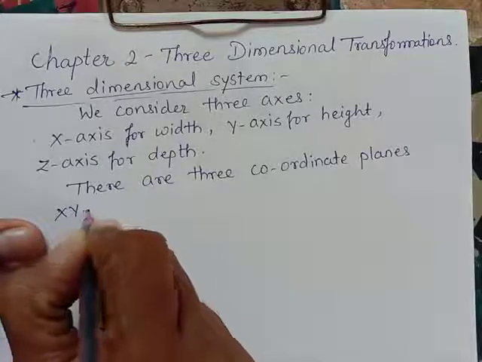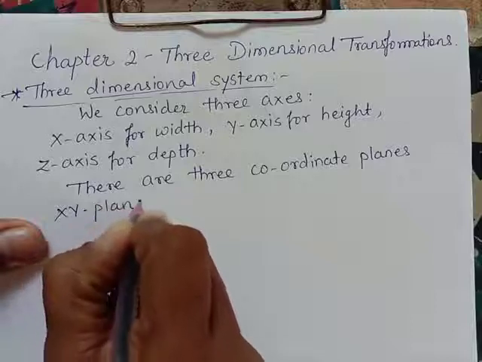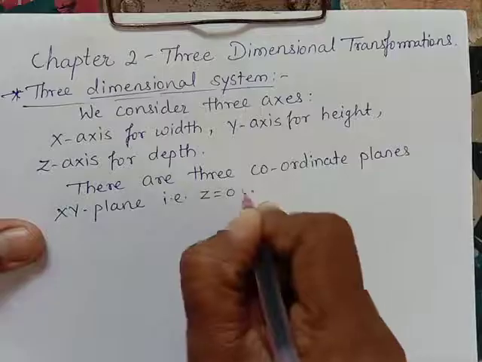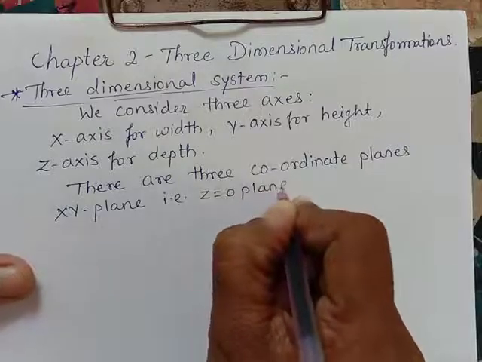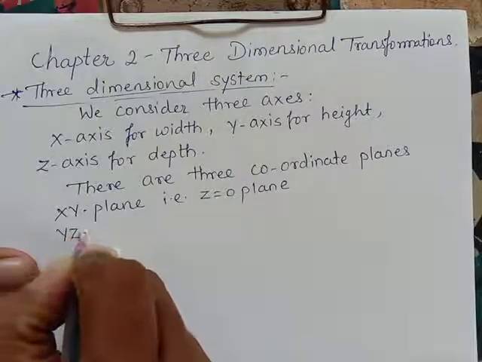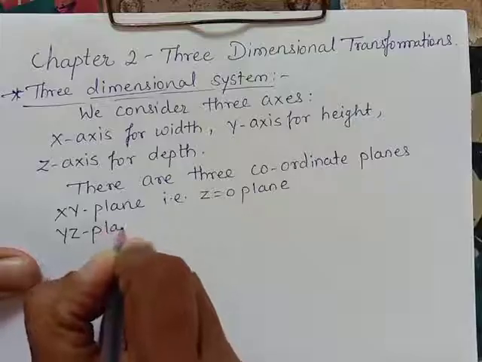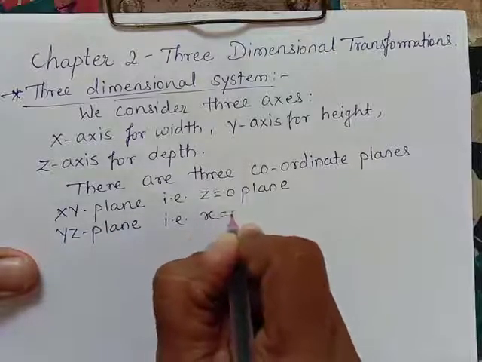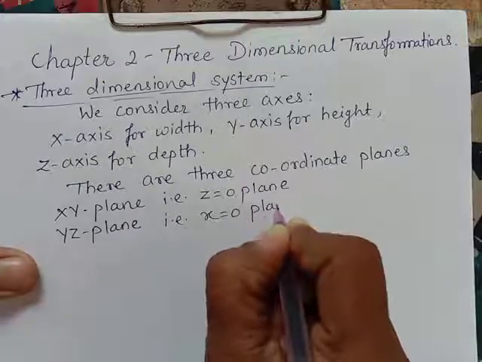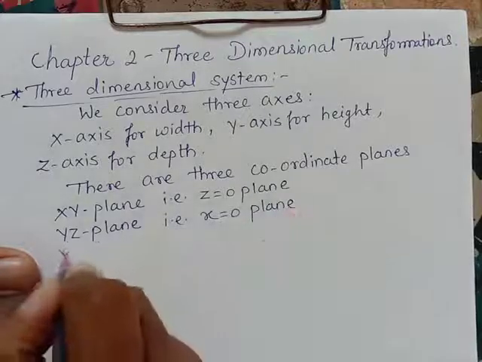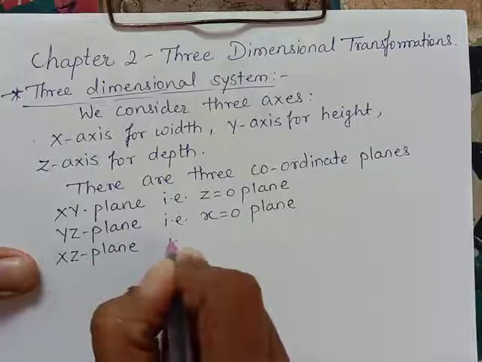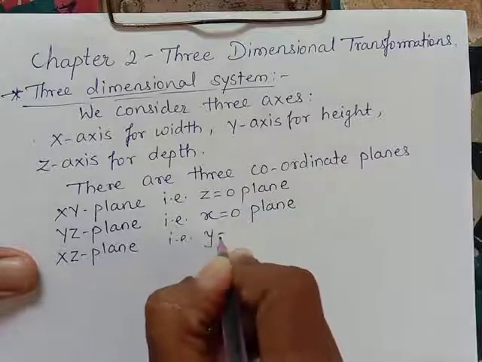XY plane, whose equation is z equal to 0. Then YZ plane, whose equation is x equal to 0. And XZ plane or ZX plane, that is y equal to 0 plane.